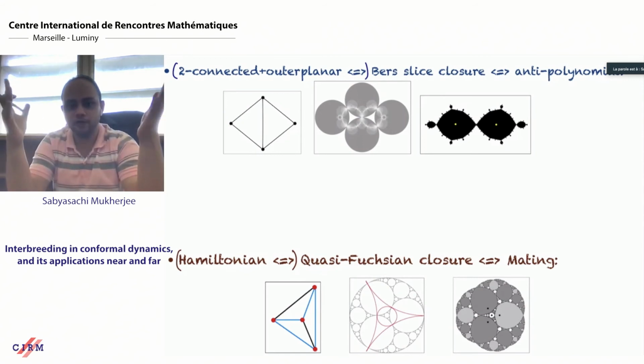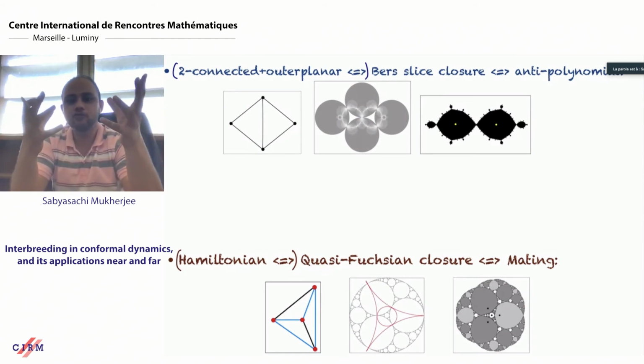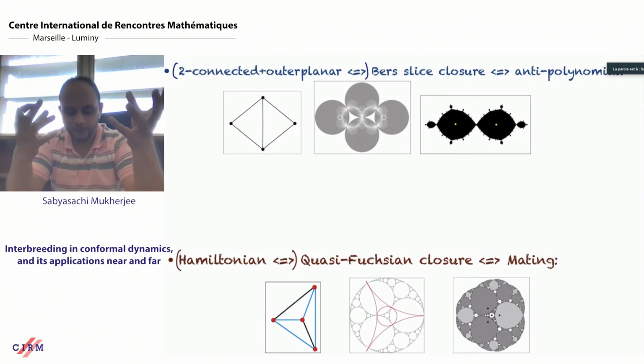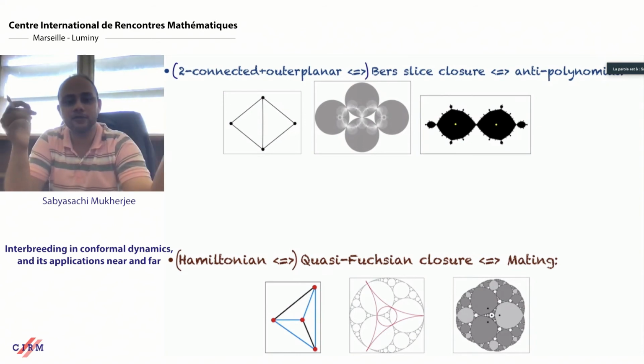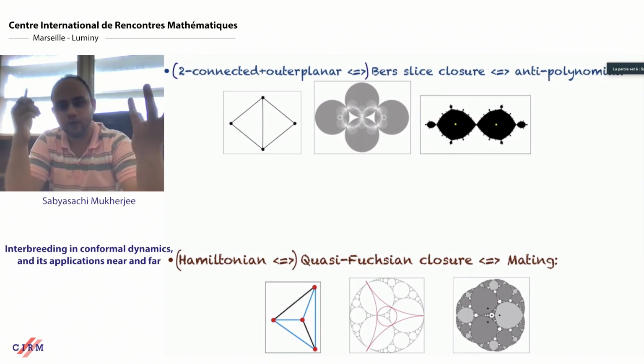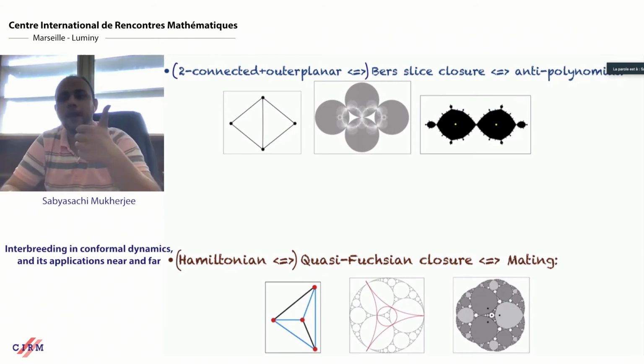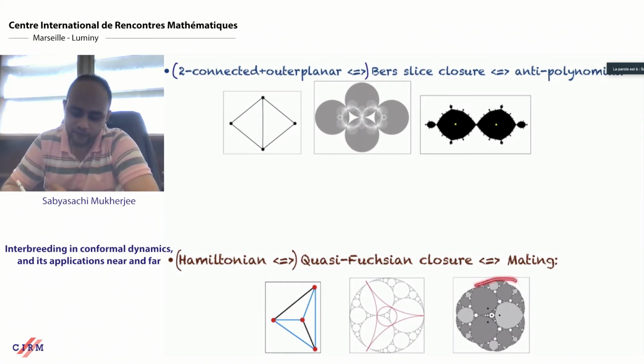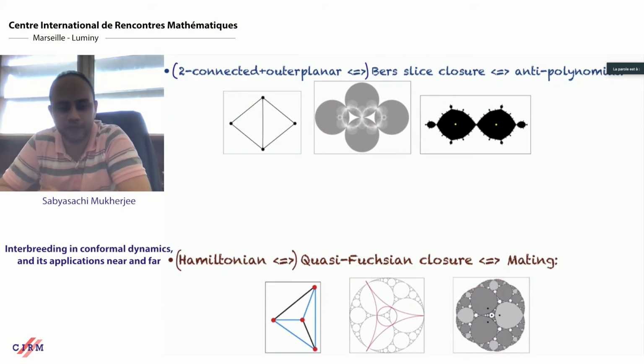But if you're on the boundary, such a group is obtained by pinching two measured laminations. And you can push forward the support, the corresponding geodesic laminations, by essentially the homeomorphism between the Nielsen map and z bar to the d to get a pair of polynomial laminations, and the corresponding polynomials realizing these laminations will give the mating of those two polynomials, which will give you the associated rational map.